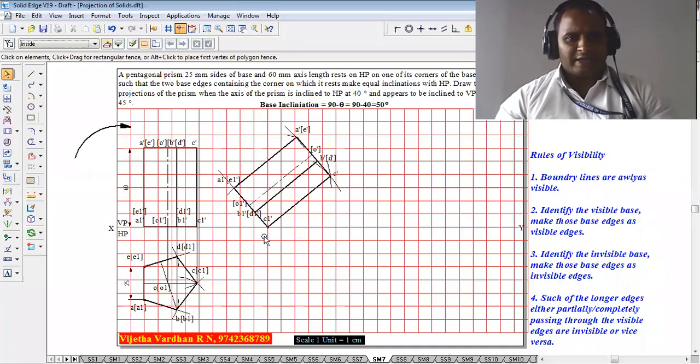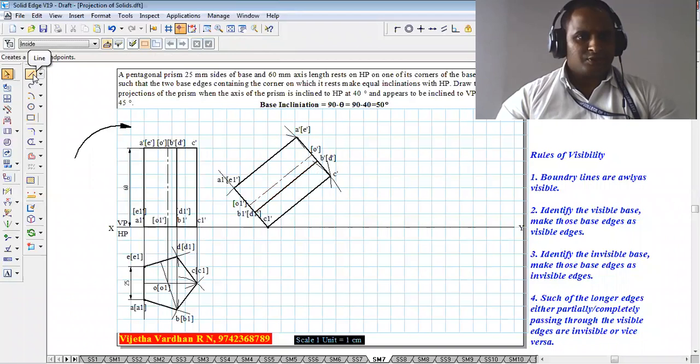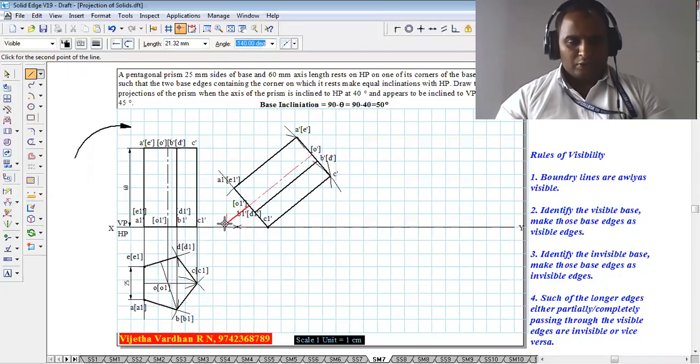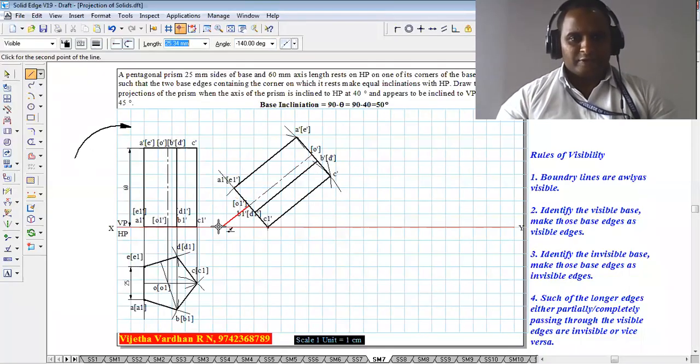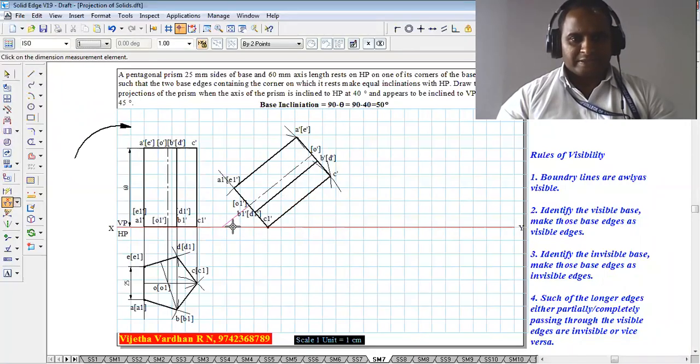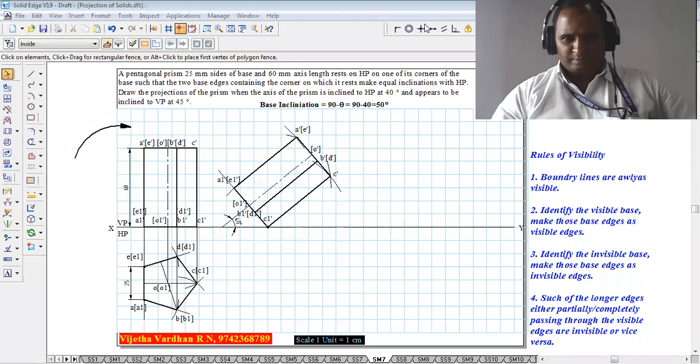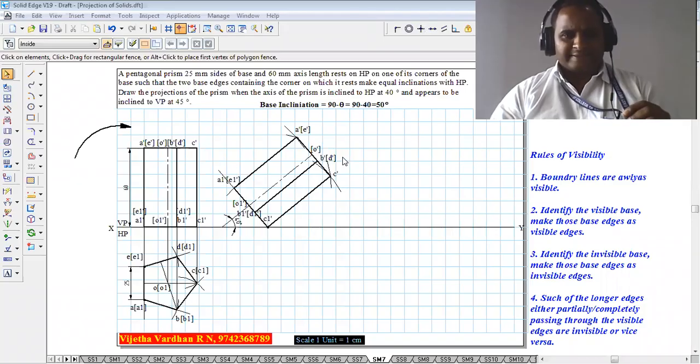After deleting this dimension, using a scale and a pencil, keeping parallel to this point, I'm going to draw a line which is going to be extended till the XY line, and then using your scale and pencil and also the protractor, show that this angle is 40 degrees. After showing that the angle of the axis is 40 degrees, now we have to draw the top view.